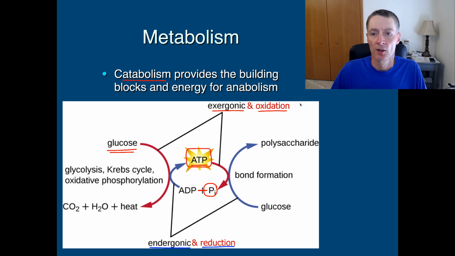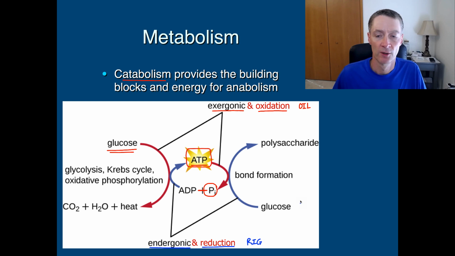So we say oxidation is a loss of electrons, a loss from the glucose molecule being broken down. And then we'd say that the ADP molecule that has another phosphate tacked on, so a diphosphate molecule to a triphosphate molecule, that actually gained electrons to make that new bond. So this would be a reduction, which is a gain of electrons.